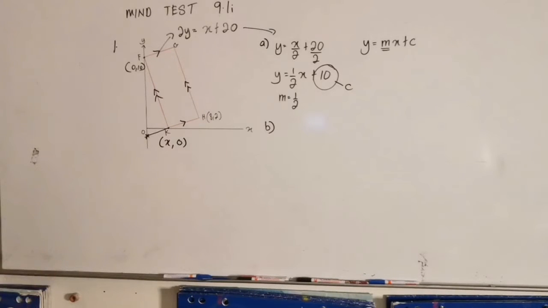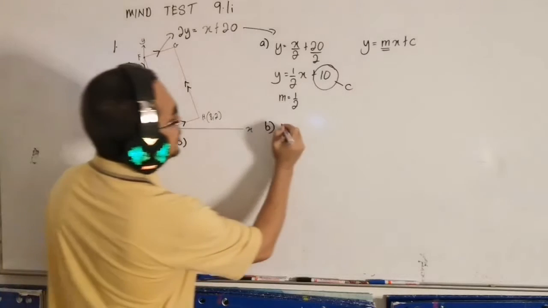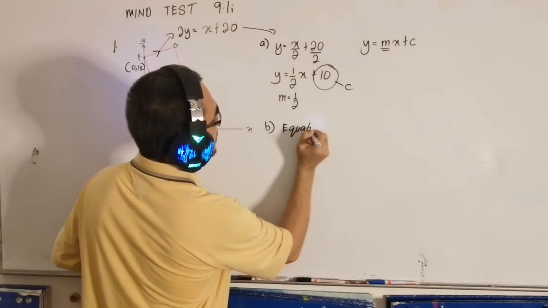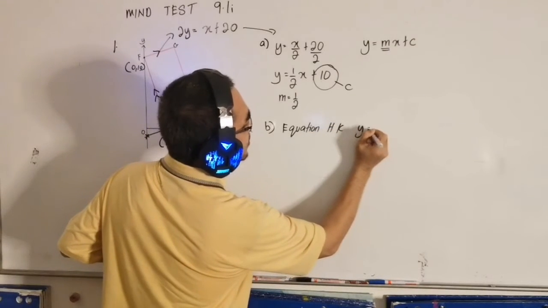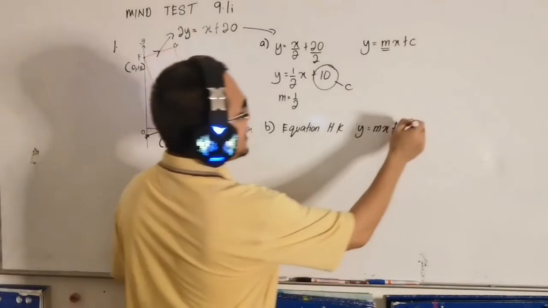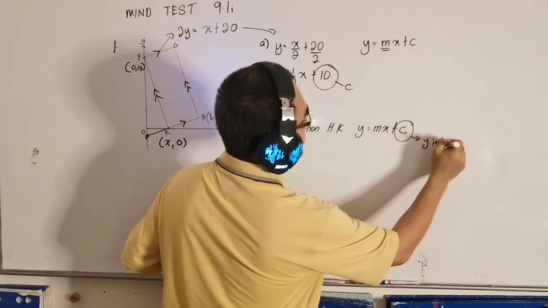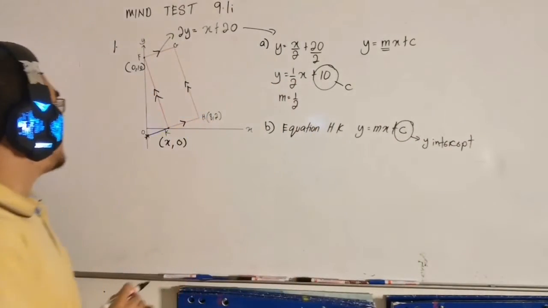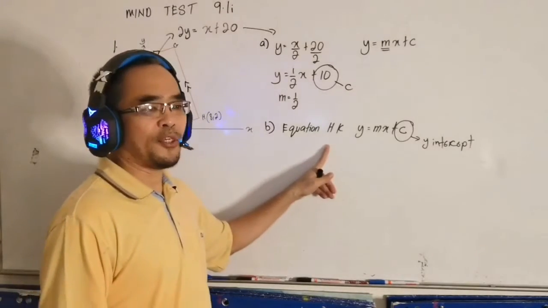One way is to create the equation of HK, y equals mx plus c, where c is the y-intercept. So you just need to find the value of c. We create the equation of HK.